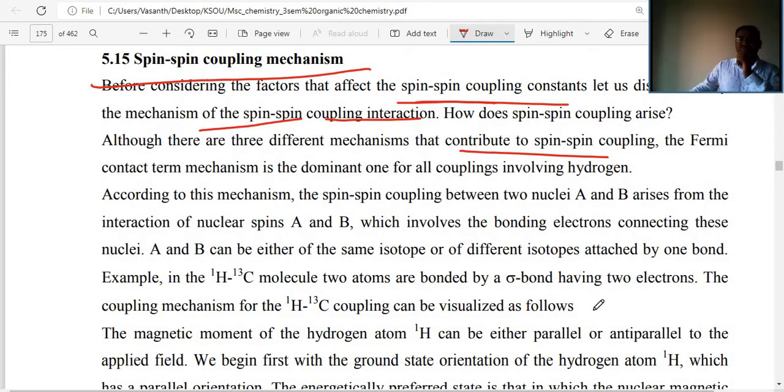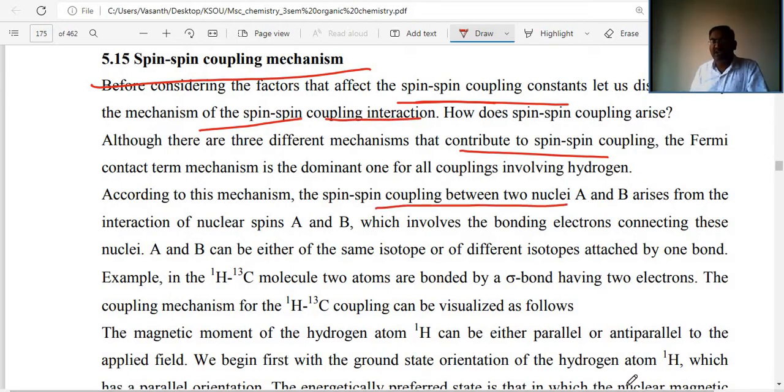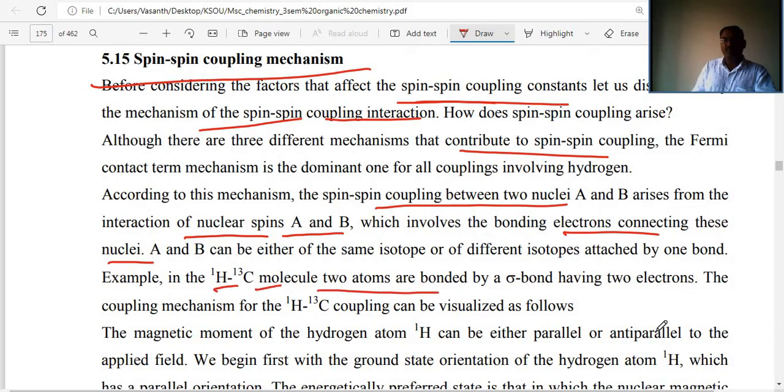According to this mechanism, spin-spin coupling between two nuclei A and B arises from the interaction of nuclear spins A and B, which involves the bonding electrons connecting these nuclei. For example, in a hydrogen-carbon bond, the two atoms are bonded by a sigma bond having two electrons.